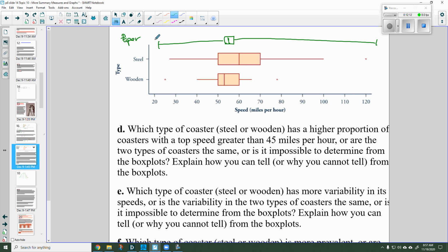But the IQR of the paper roller coasters is just the box. Because for all I know, there was one outlier over here and one outlier over here. Remember, I can't tell how many are in each quartile, so that's why I use IQR to measure the variability, because I'm looking at essentially the range of the middle 50%, the range from Q1 to Q3. That is the interquartile range. That's where that comes from.